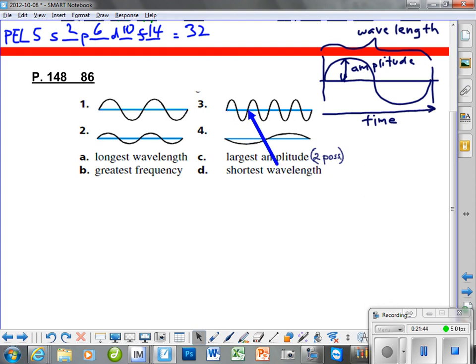Okay. Wavelength. 1 wavelength. Shorter. Yes? Okay, this is shorter than this wavelength. And it's shorter, of course, than this wavelength because these two both have exactly the same wavelength. Okay, this is just a smaller amplitude. And that's it.